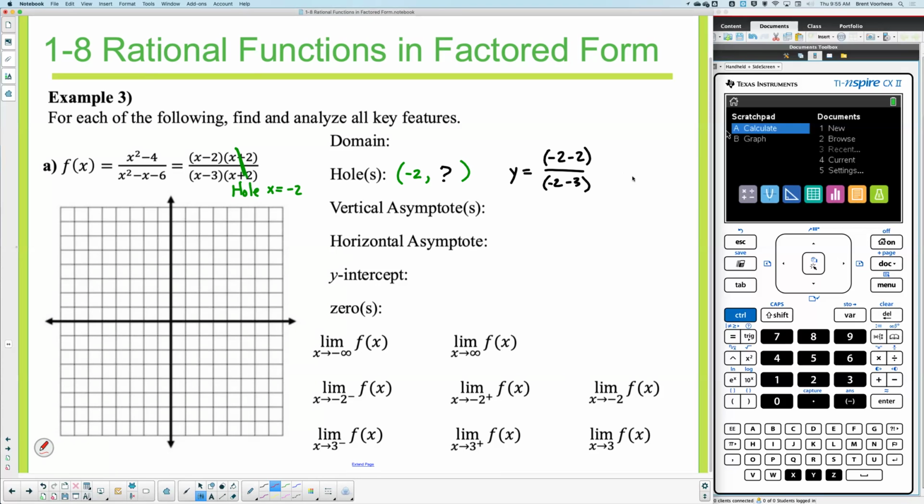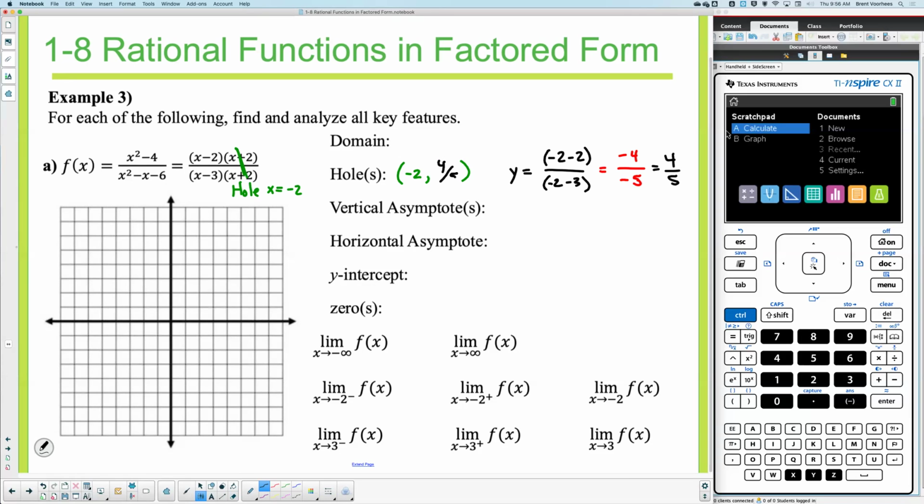We can simplify that. A -2 minus 2 is -4. Parentheses are for multiplying. There's nothing to multiply with. I can drop the parentheses. -2 minus 3 is -5. And I can simplify that. A negative divided by a negative becomes a positive. It's 4/5.